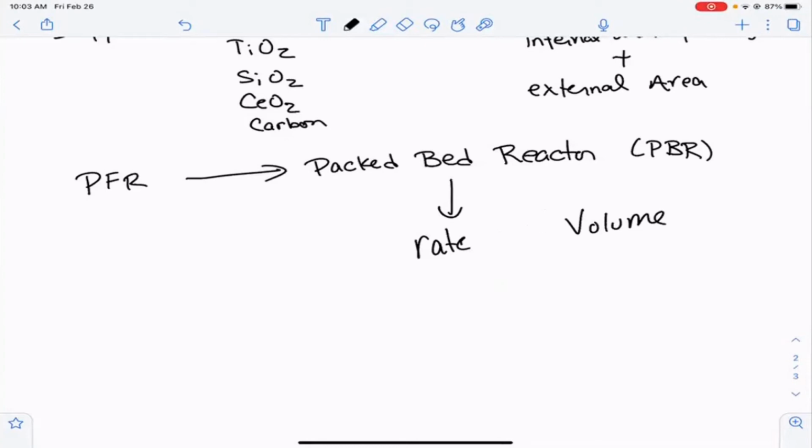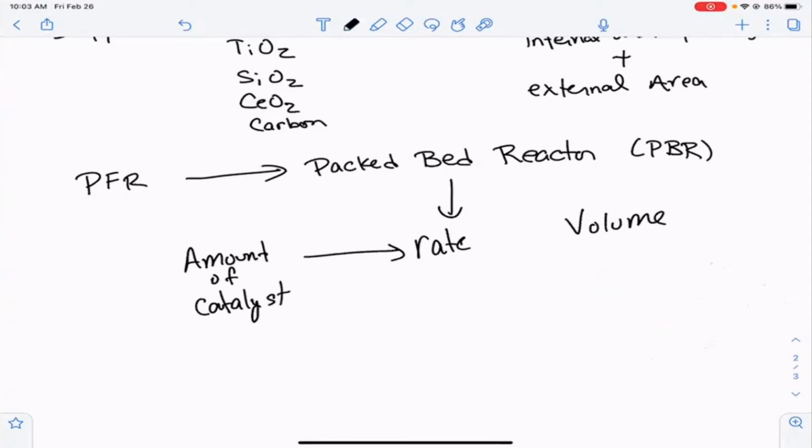Actually, what happens is that if we were to take the volume and allow the length of the reactor to go to infinity with no catalyst, the reaction rate would equal 0, right? That's absolutely not what we want, right? We still have no reaction. So what matters then is that the amount of catalyst is the thing that's going to drive the rate.